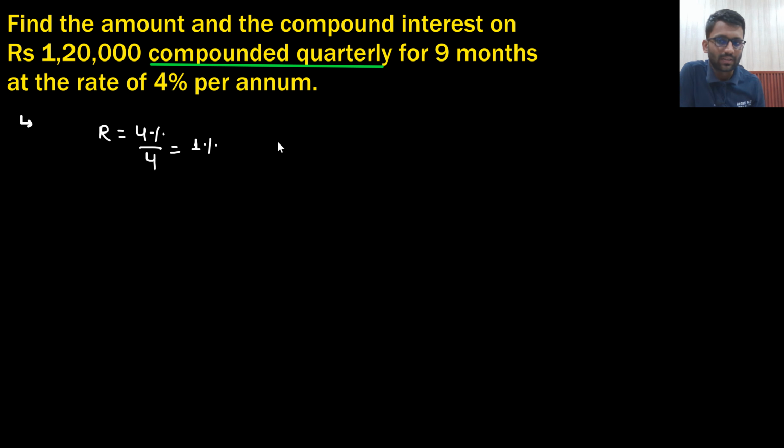Time will be 4 times. Time will be 9 into 4, that means 36 months. And 36 months means 3 years. Time will be 3 years. 1% for 3 years. So what are they asking? Total amount they are asking.